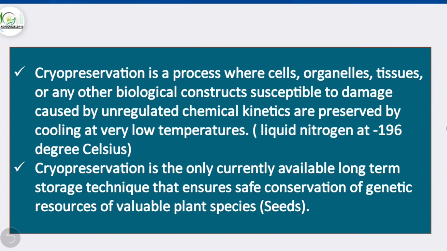Cryopreservation is a process where cells, organelles, tissues or any other biological constructs susceptible to damage caused by unregulated chemical kinetics are preserved by cooling at very low temperature, with liquid nitrogen kept at minus 196 degrees Celsius. Cryopreservation is the only currently available long-term storage technique that ensures safe conservation of genetic resources of valuable plant species, mainly for seeds.